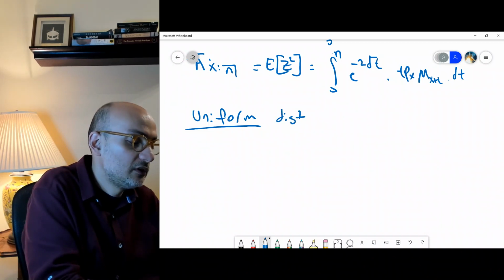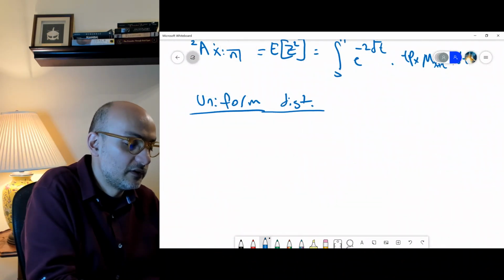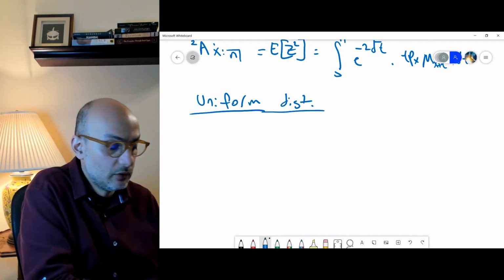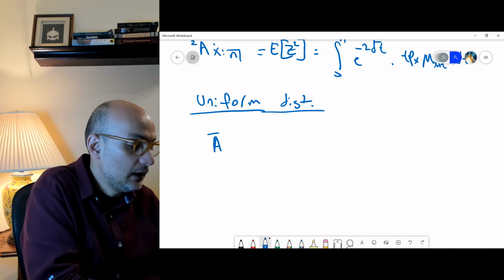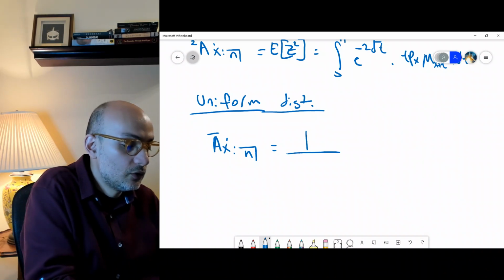If life is uniformly distributed over 0 to omega, then Ā x n angle is 1 over omega minus x.